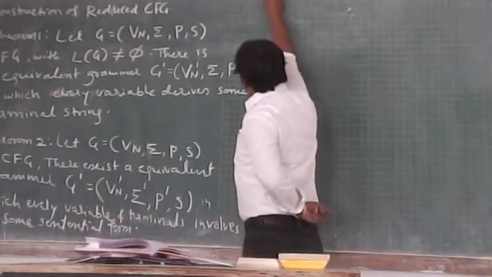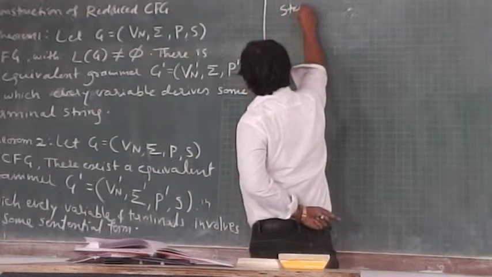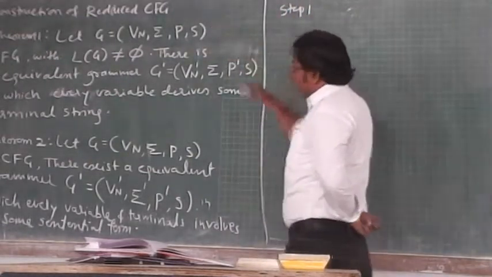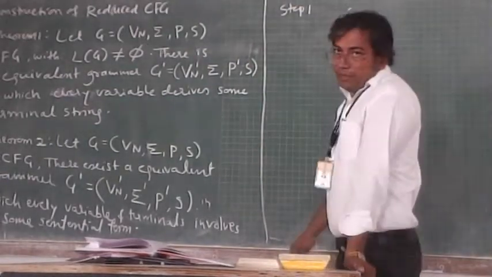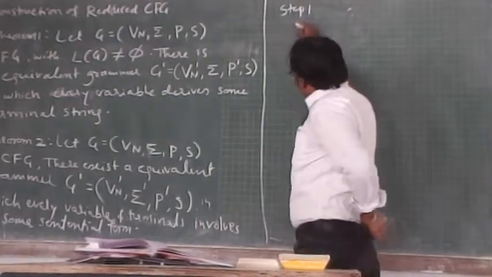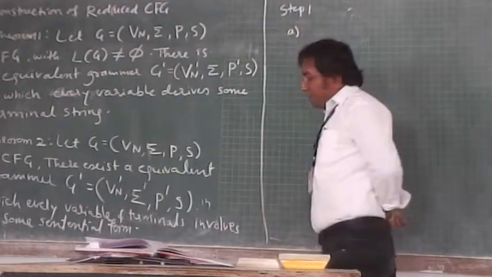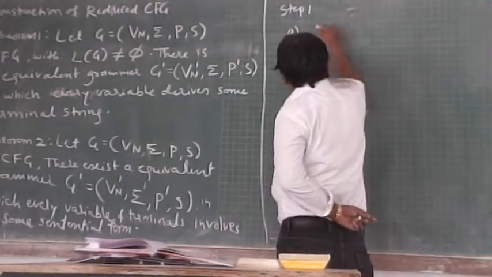Here I am going to write the steps. Step 1. This reduced grammar we are going to construct using 2 steps. Under step 1 there are further 2 sub steps. Out of it I will consider A as a step.